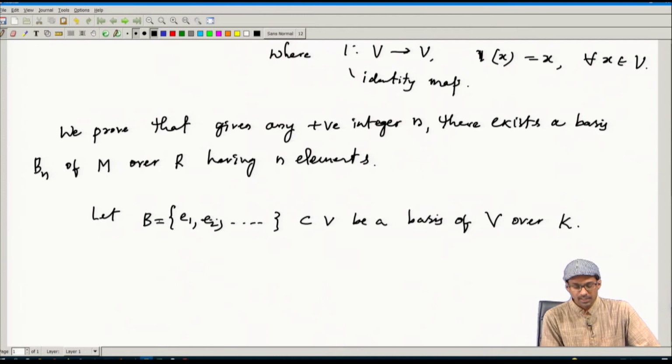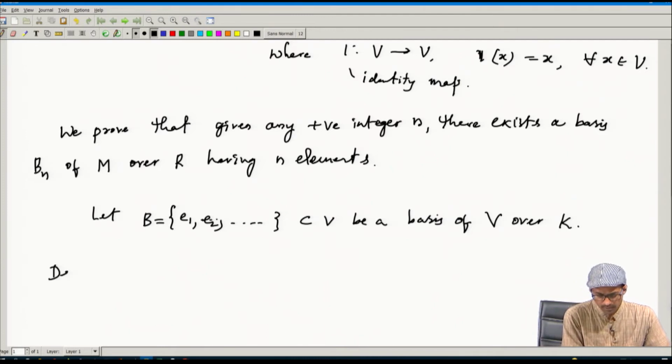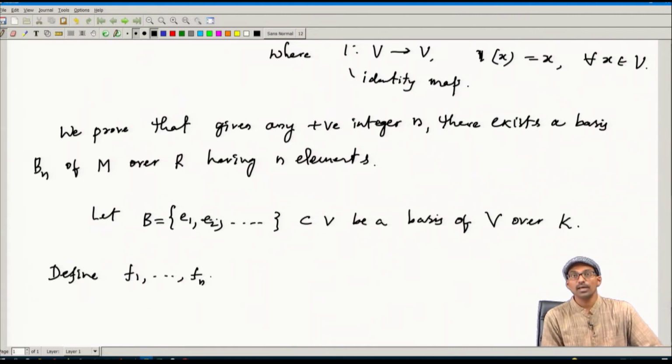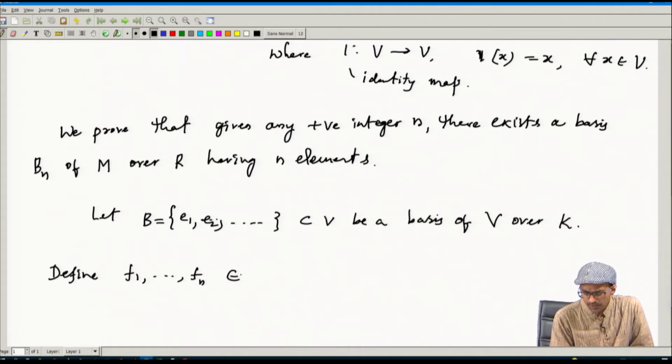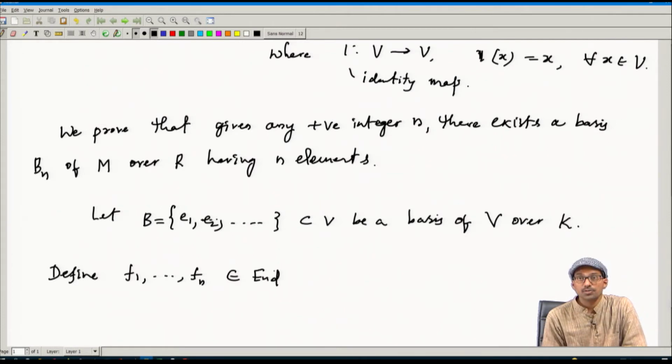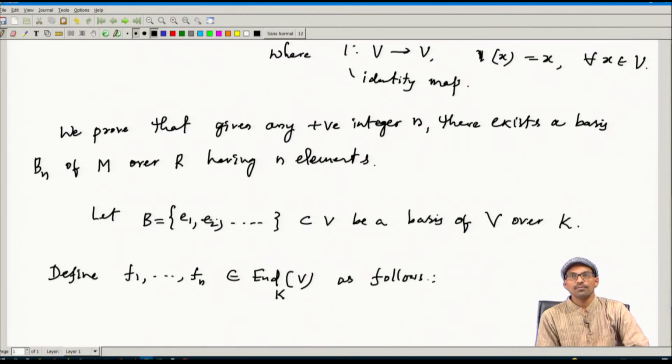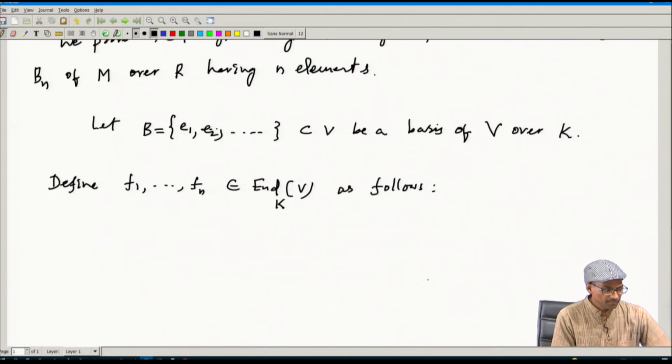Now let us define F1, F2, and so on up to Fn, belonging to the K-linear transformations from V to V, as follows.